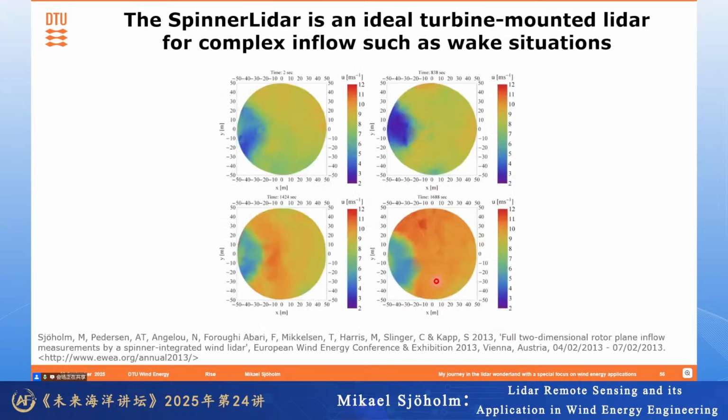By doing that, you can see the whole inflow. For instance, if you have a wake coming towards the turbine and you had just a few beams, maybe you would get some wrong conclusions. By having the full field of the wind, you can get a better idea about what's going on.